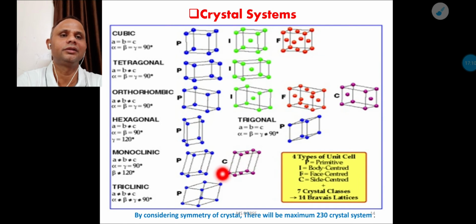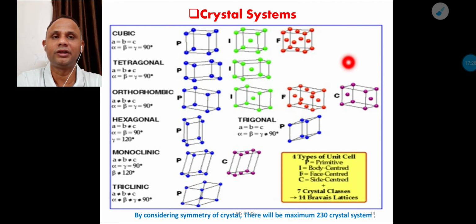There will be 14 crystalline forms, and this was discovered by the crystallographer Bravais. So these 14 are called the Bravais 14 lattices. So these are the possibilities of the crystalline compounds.